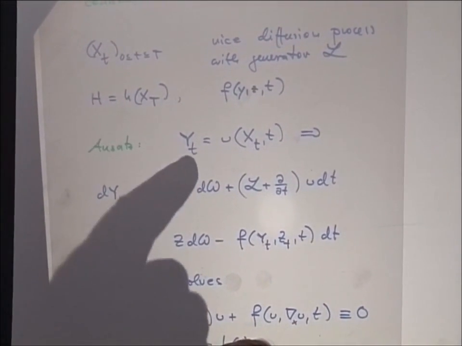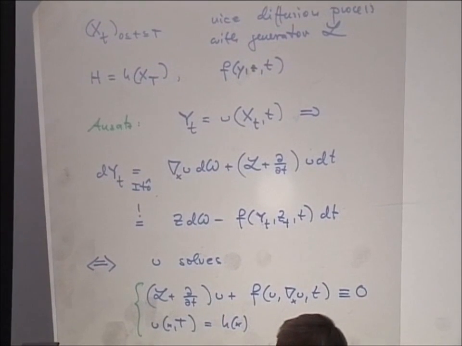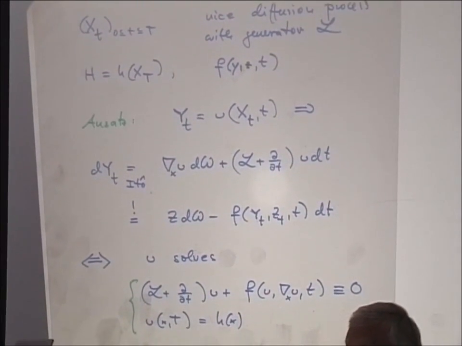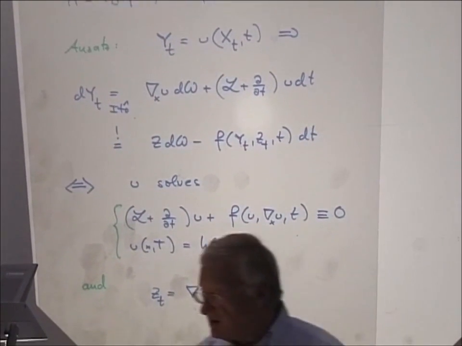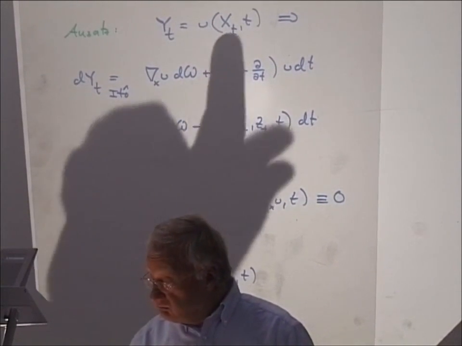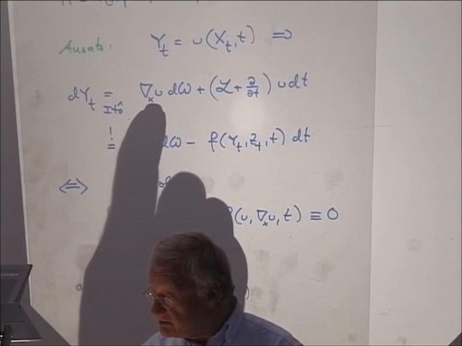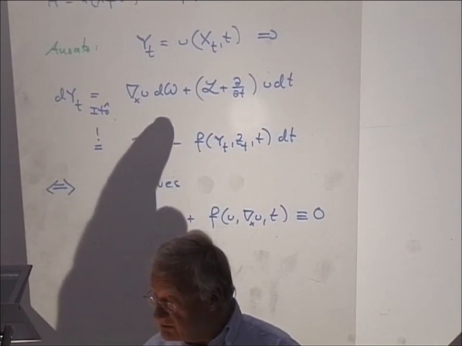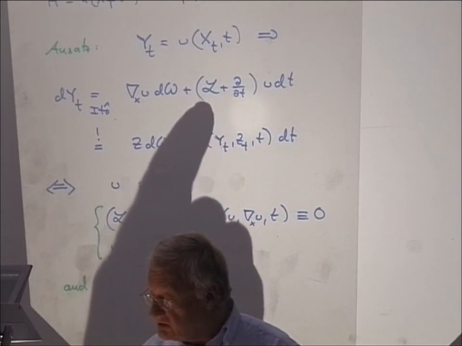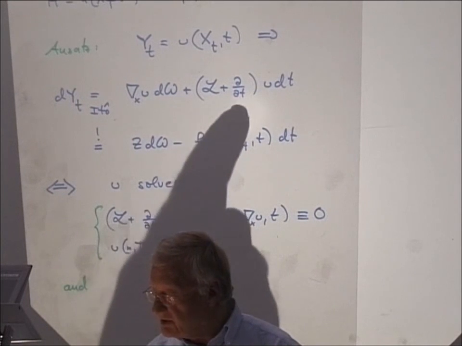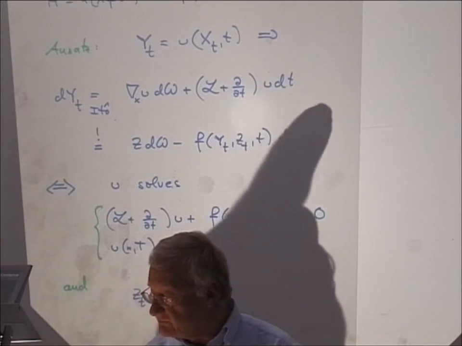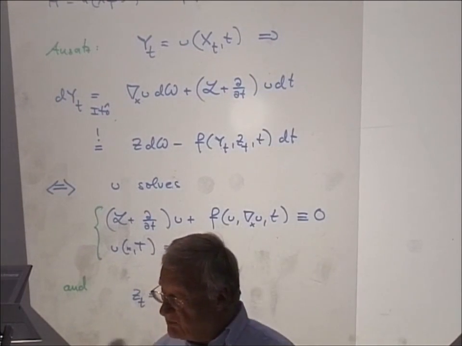Then we make the ansatz that yt is a function of the present position of your diffusion process and the time. And then by Ito, the dynamics here would look like this: the gradient of u in the space variable dw plus the diffusion operator here plus time derivative applied to u dt.